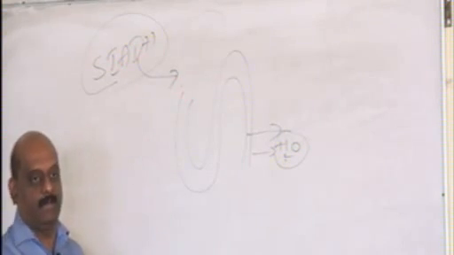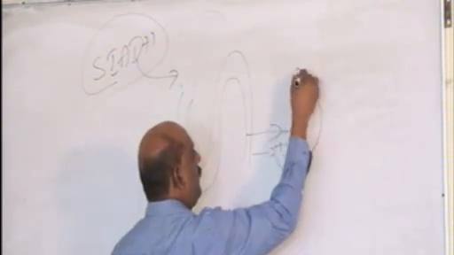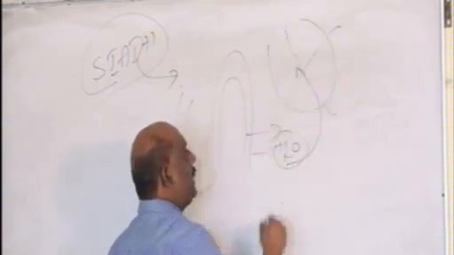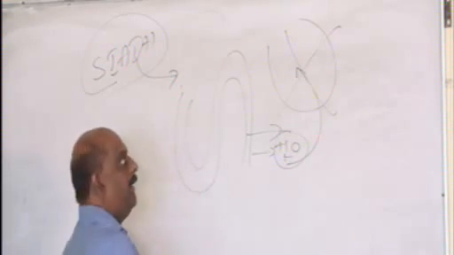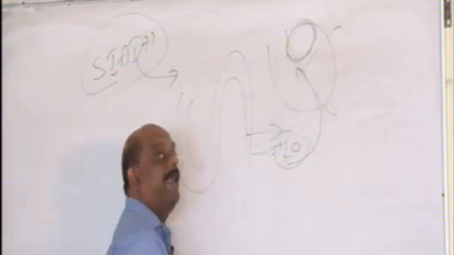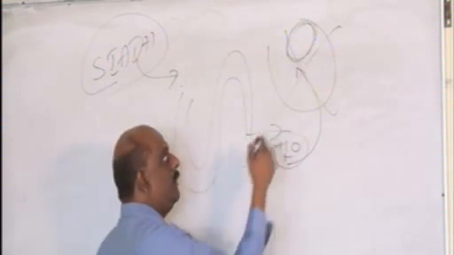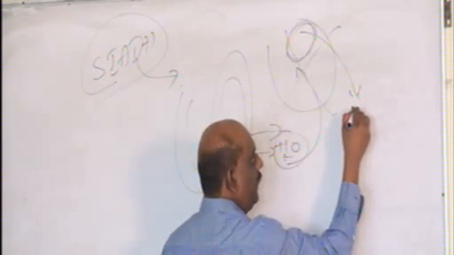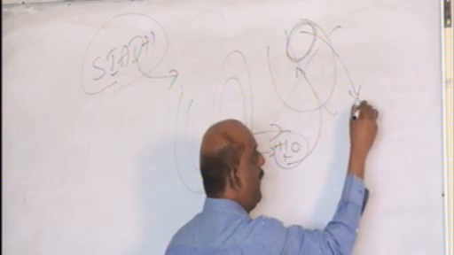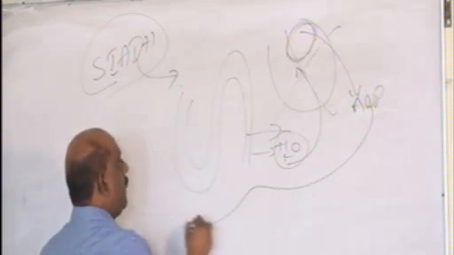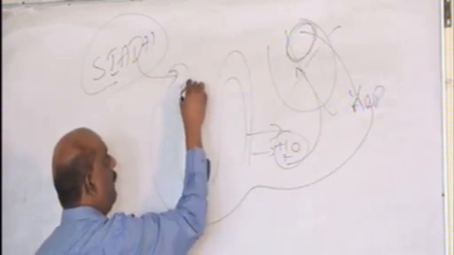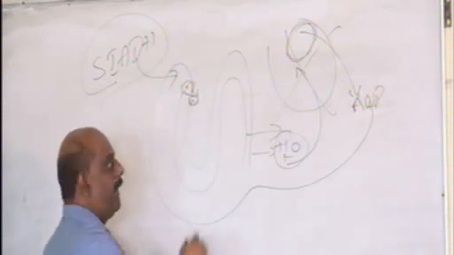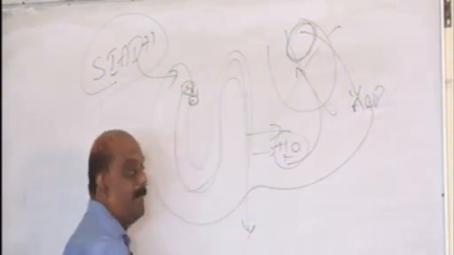All that water retention will lead to plasma volume expansion, and that will lead to stretching of the atria, and stretched atria will produce atrial natriuretic peptide. That will come back to the kidney, and it will make natriuresis happen.